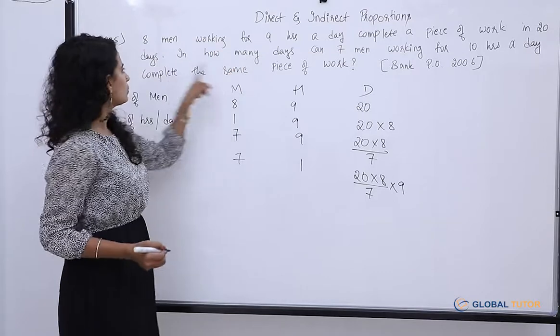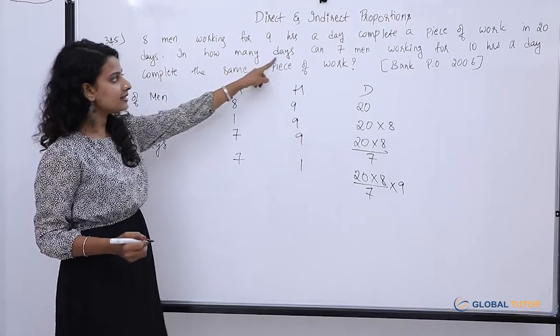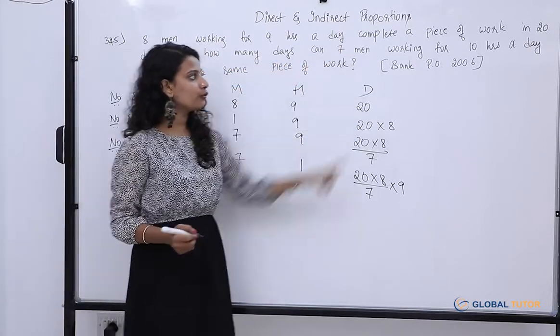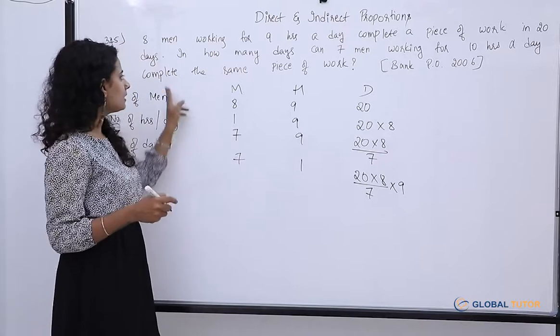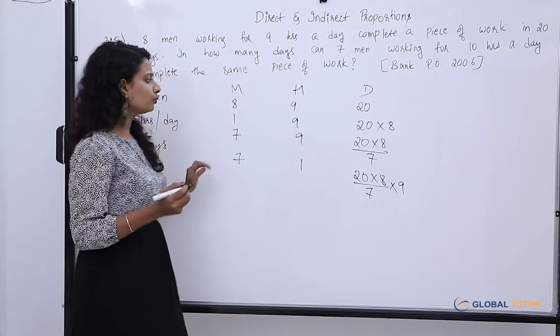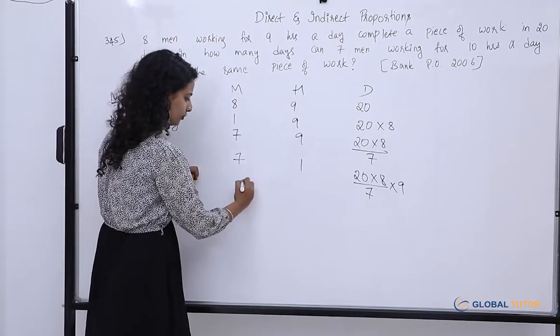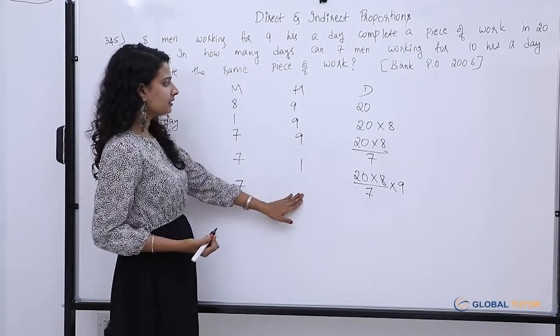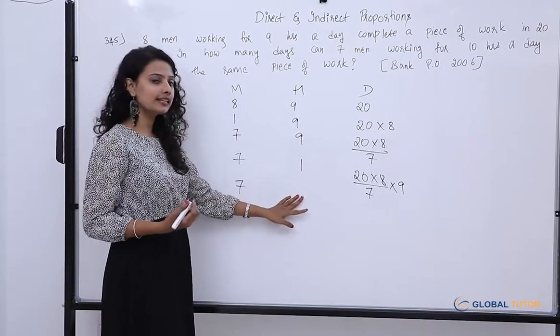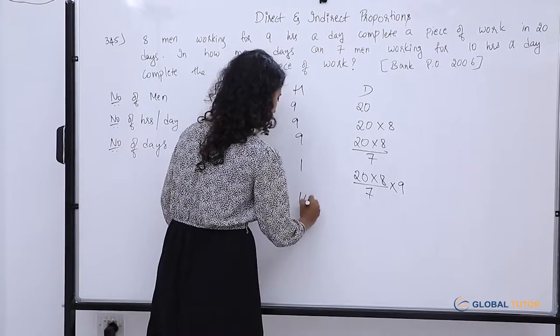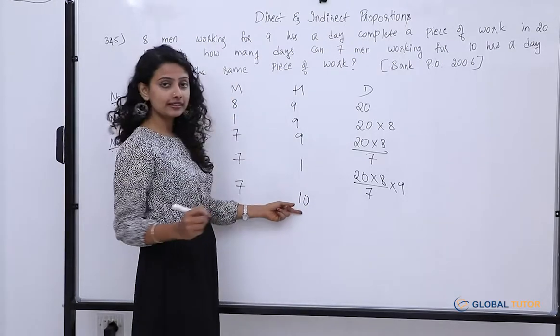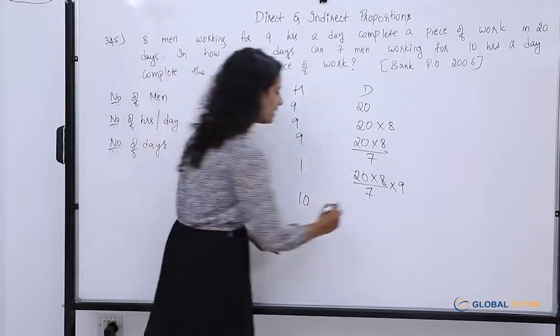Now let us read the question. In how many days can 7 men working for 10 hours a day complete the same piece of work? So number of men 7. Here number of hours is increased to 10. So let us write 10. If the number of hours is increased, then the number of days will decrease.